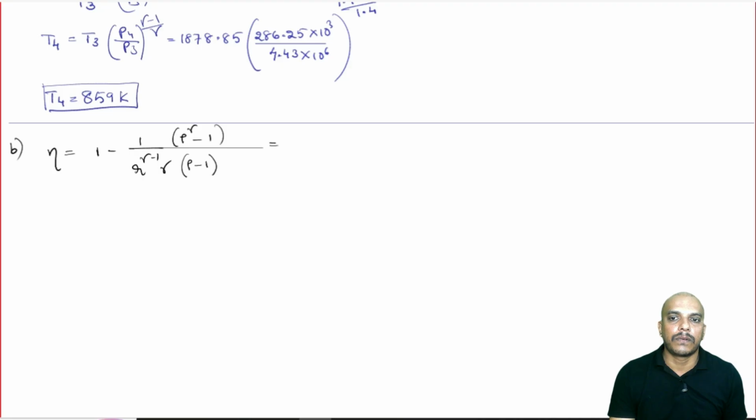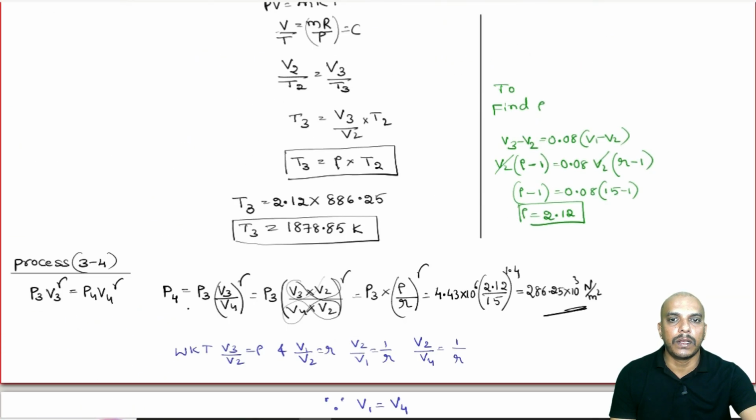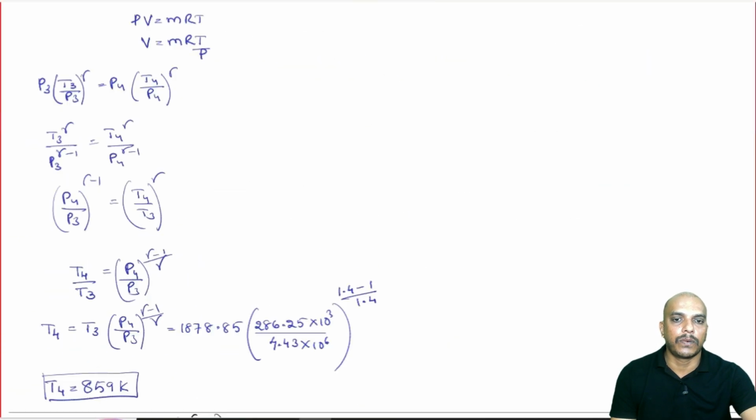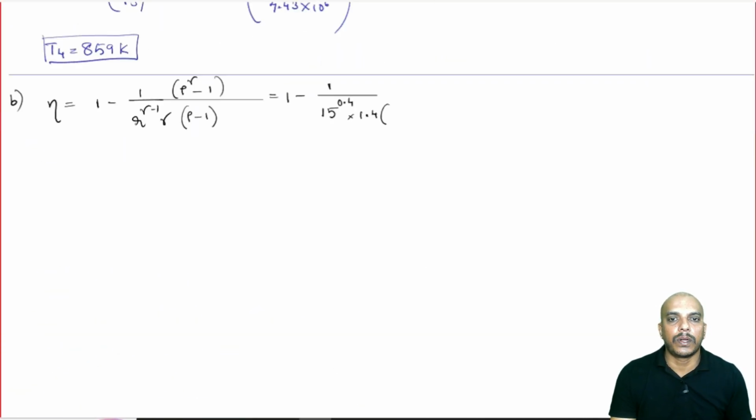So, that will be 1 minus 1 by 15 power 1.4 minus 1, I will straight away write 0.4. Gamma is 1.4. Rho, we have found the value of rho is 2.12. So, we will go for 2.12 minus 1 here, and here it will be 2.12 power 1.4 minus 1.